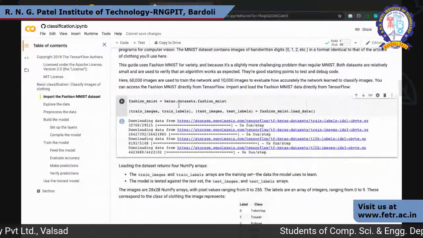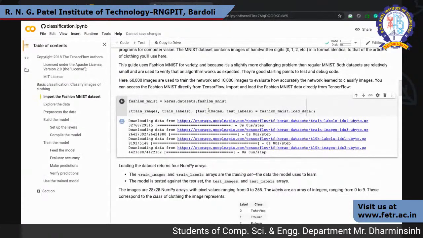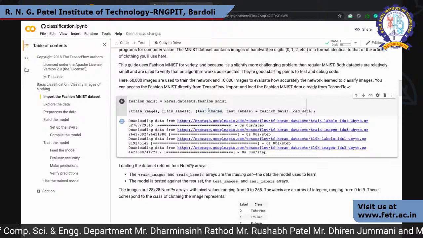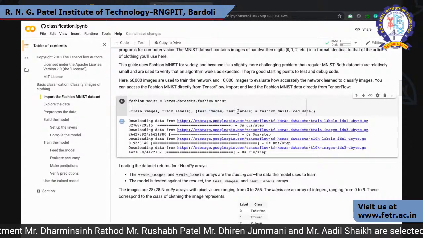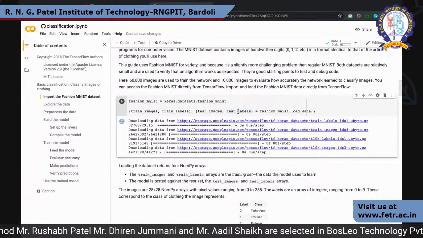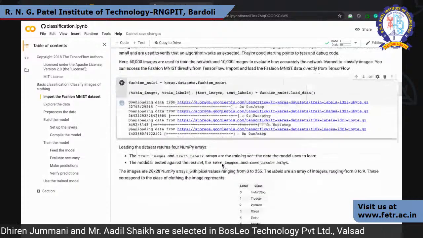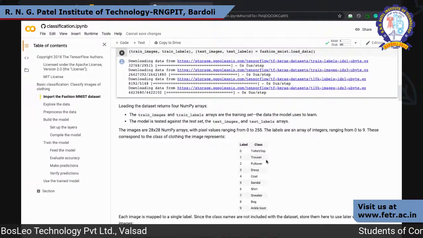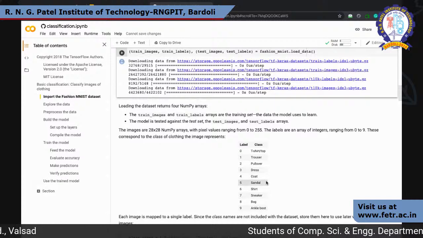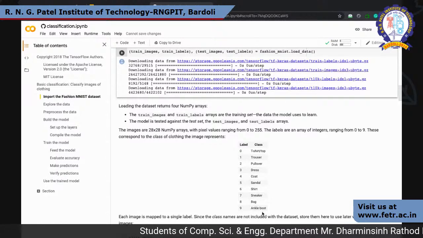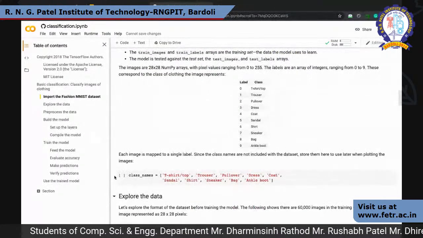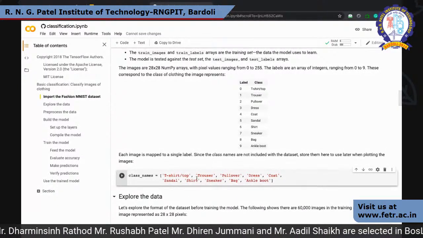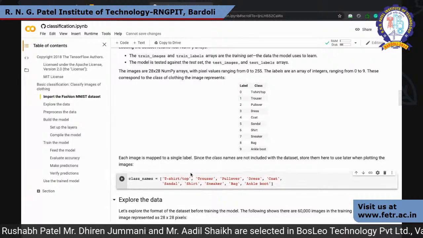Testing images are the unseen data, which we use to make sure that our algorithm learns very well, and testing labels are the labels for the testing images. We downloaded that, and the whole data set is divided into these classes, 0 to 9: t-shirt, trouser, pullover, dress, coat, sandal, shirt, sneaker, bag, and ankle boot. These are the class names which we need to map to these labels, which is why I declared them over here.